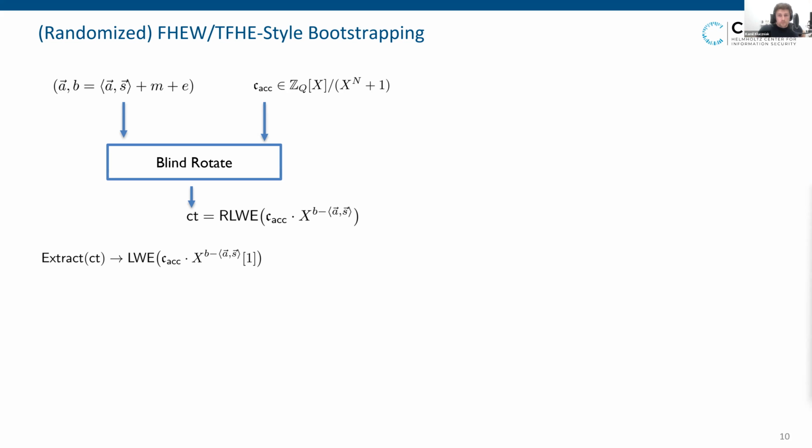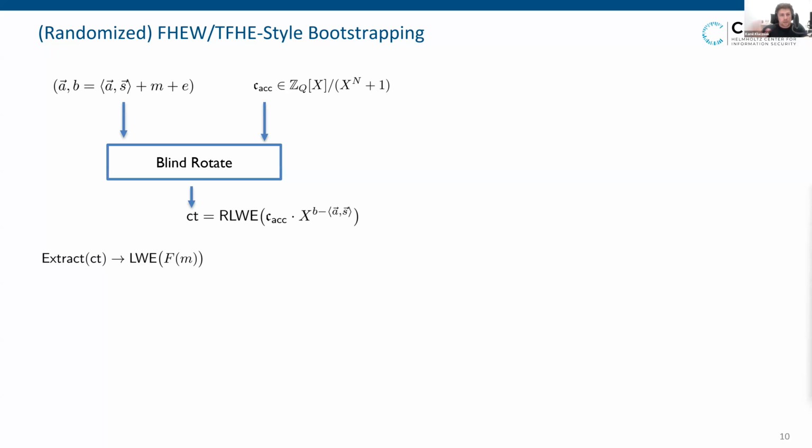Then the next step in bootstrapping is to take this ring LWE ciphertext and extract our LWE sample that encodes the constant coefficient of the ring LWE ciphertext's message. Long story short, if the computation is correct, this LWE ciphertext is simply an LWE encryption of f(m). It doesn't really matter in this talk why this works, as there were a lot of talks that explained this previously.